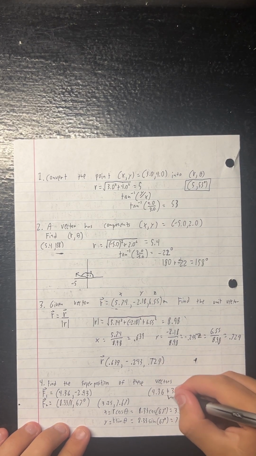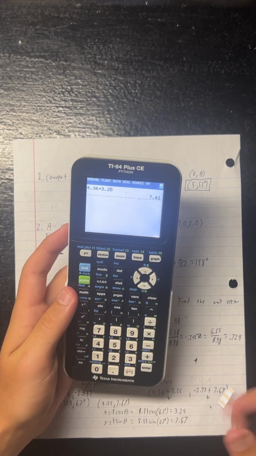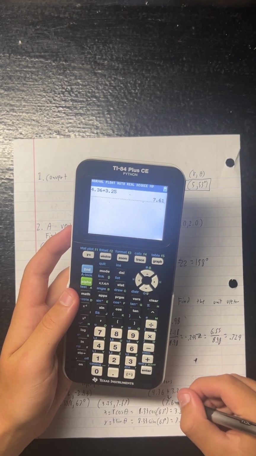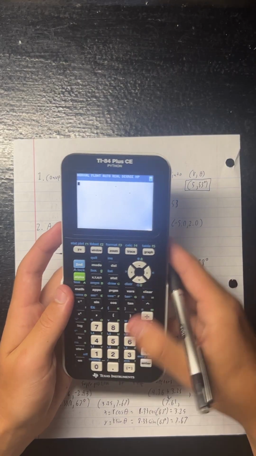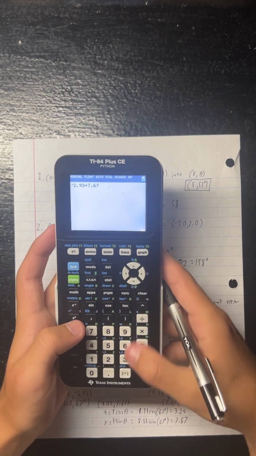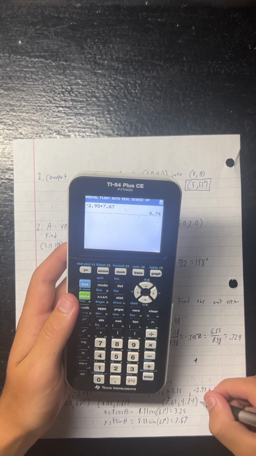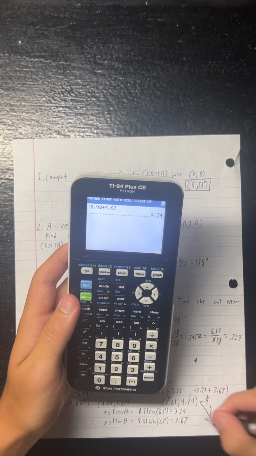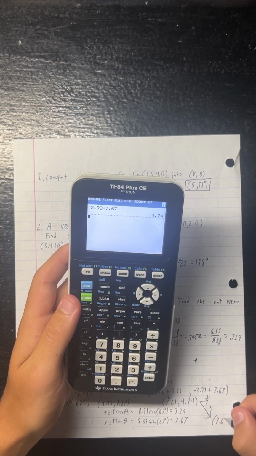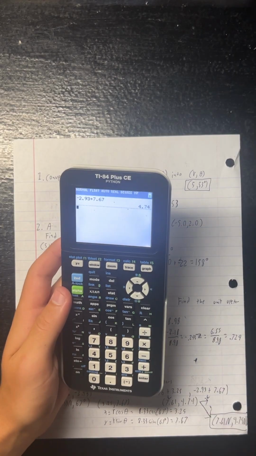Now let's add these up. 4.36 plus 3.25, we get 7.61, and then comma, negative 2.93 plus 7.67, and we get 4.74. And don't forget our units, so it's 7.61 newtons, comma 4.74 newtons. And there is our net force, the superposition.